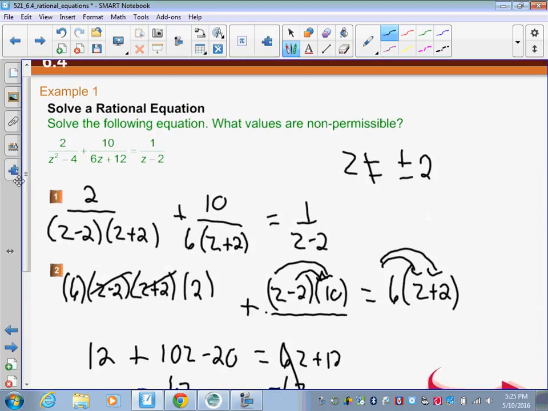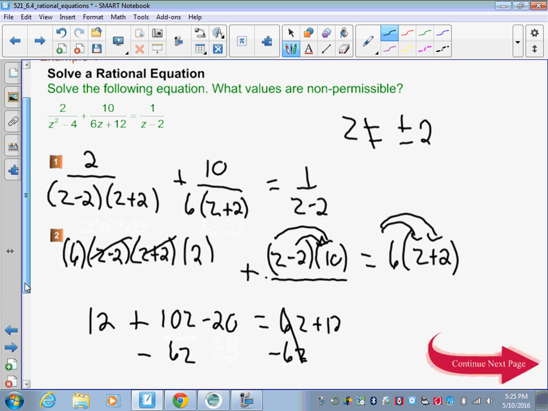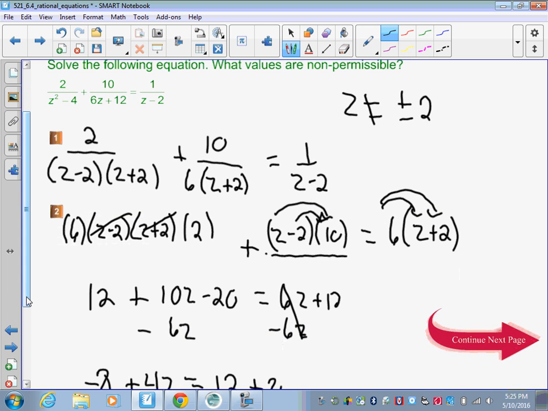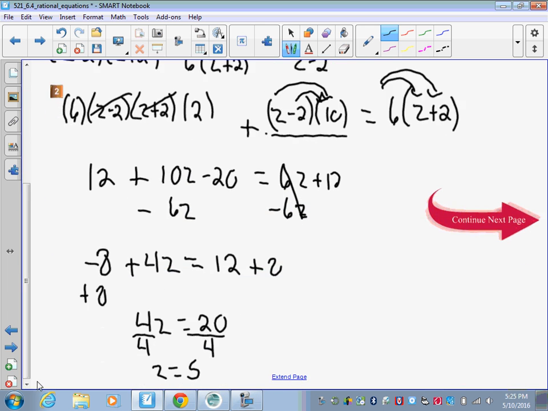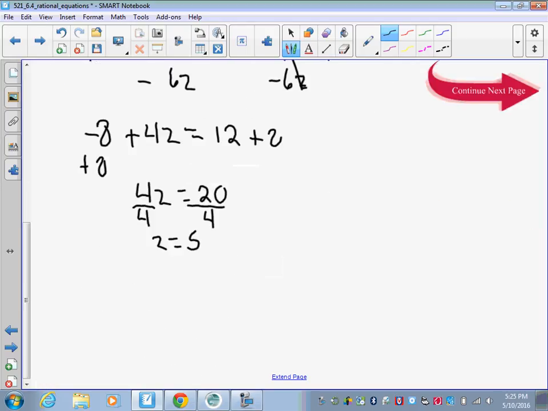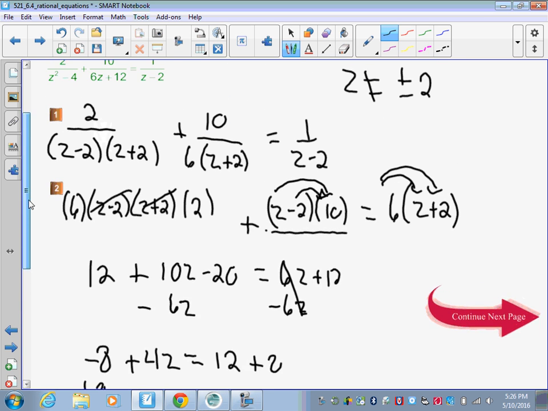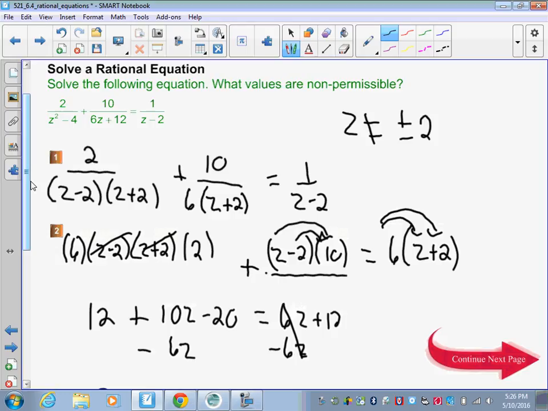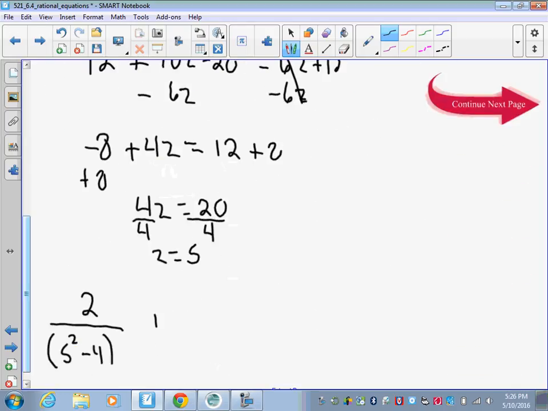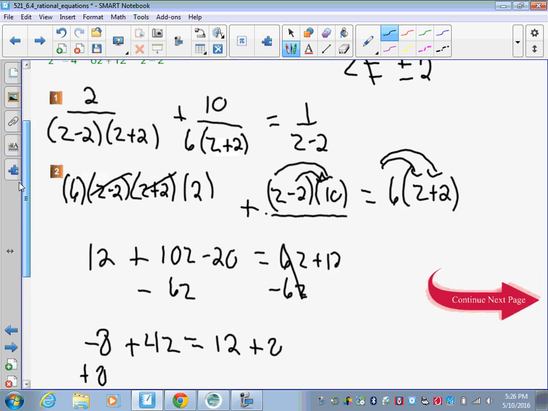So as a check, let's go over here and do the check. So 2 over 5 squared minus 4. Is that what it was? 5 squared minus 4 plus 10 all over 5 plus 2, right?